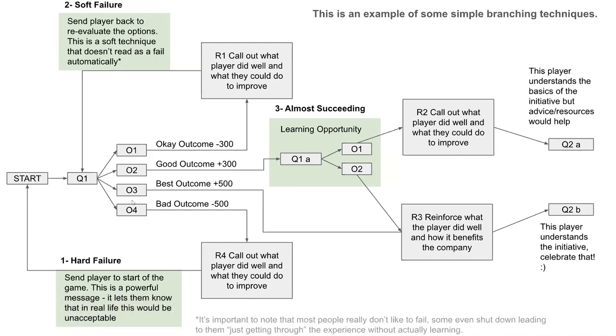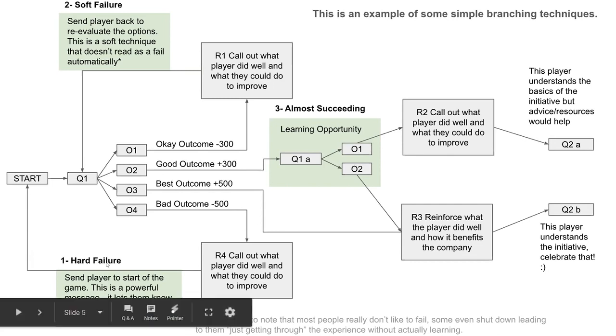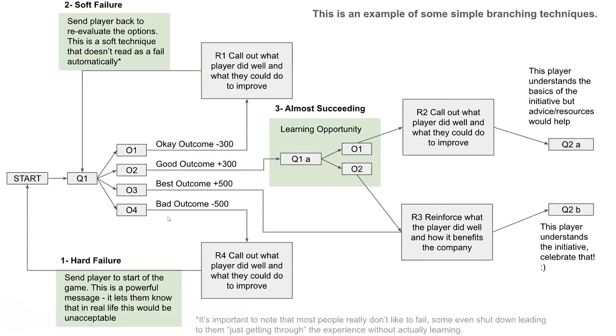In this response, she had a way to respond that was just okay. She had a good way to respond, a best way to respond, and a bad way to respond. So the bad way to respond, what you can do here, I call it a hard failure. A hard failure will send the player right back to the start of the game.